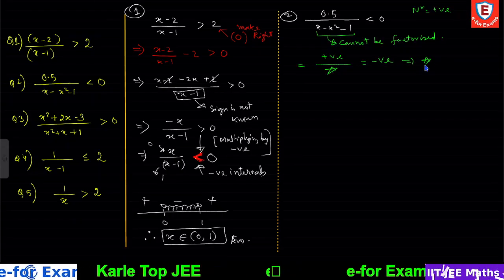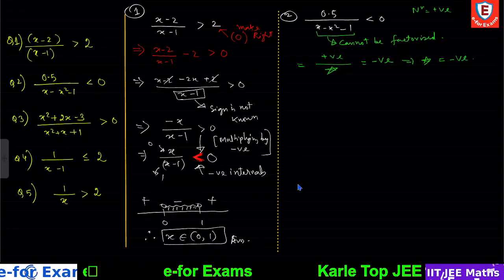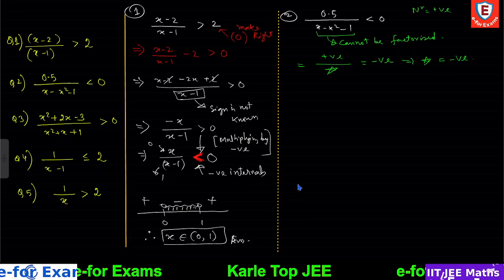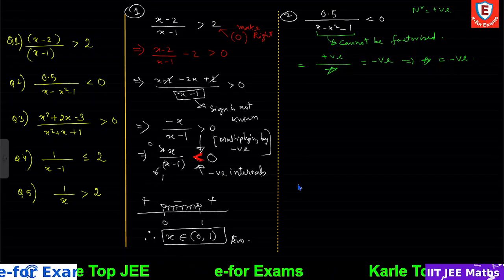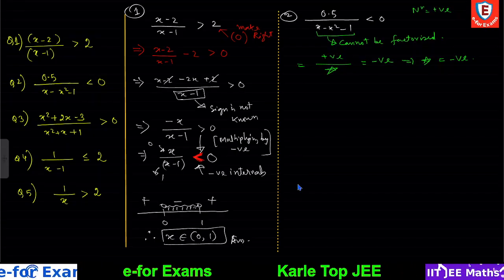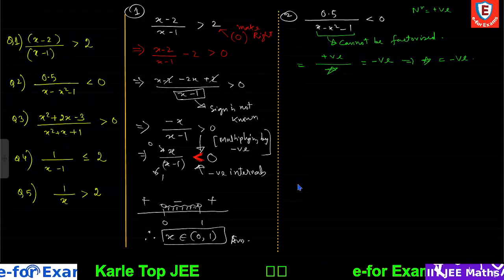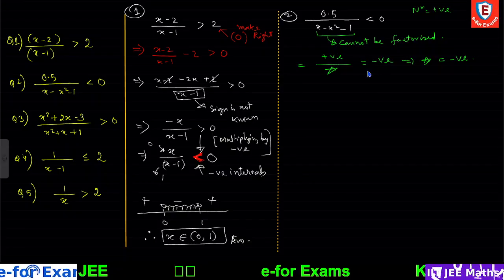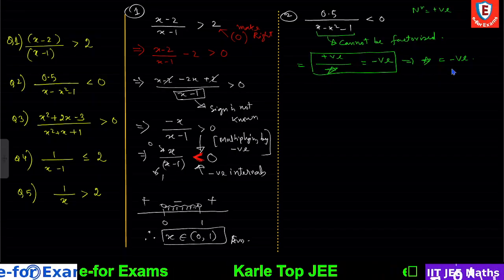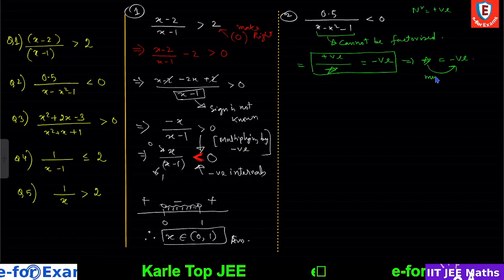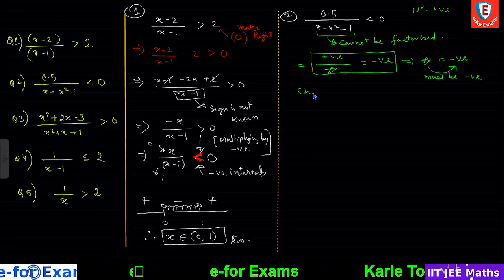This means this something must be negative, right? So let us check this something. According to this logic, this something must be negative. Let's check.